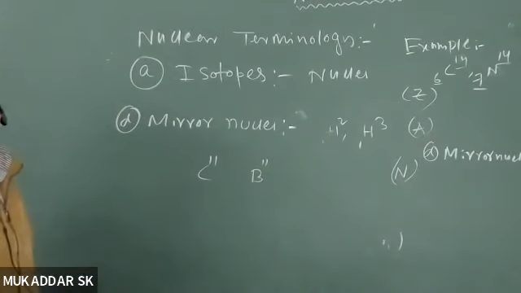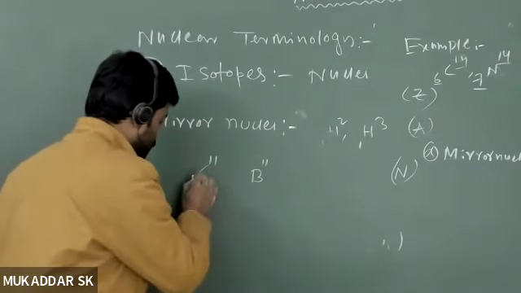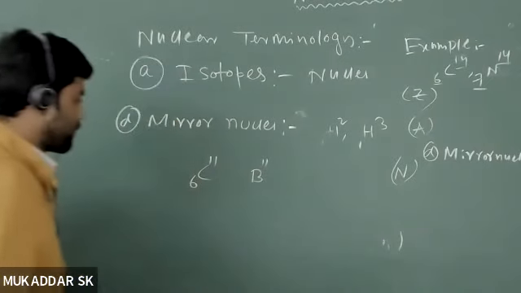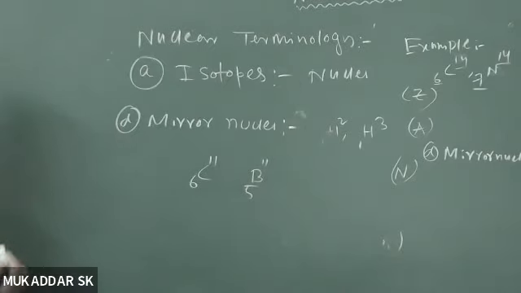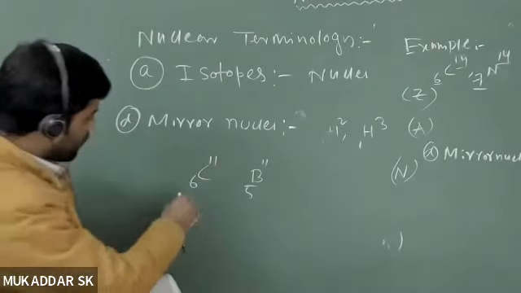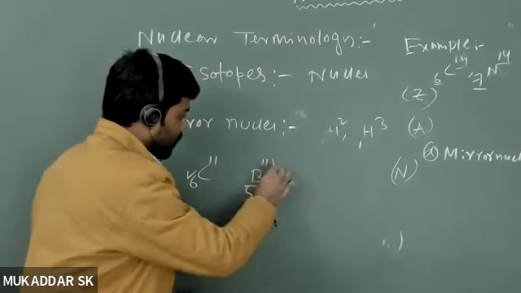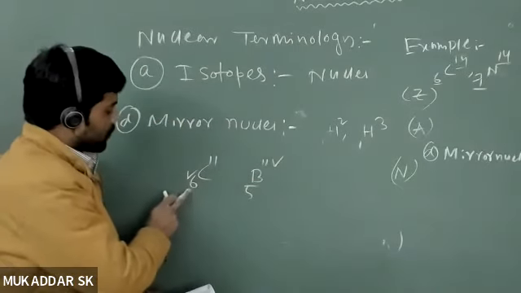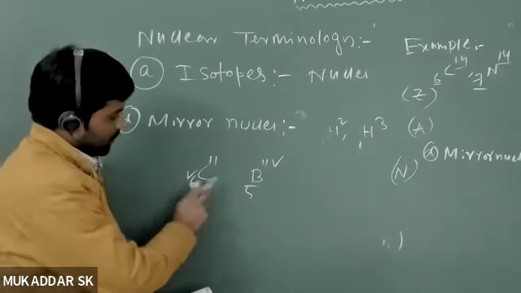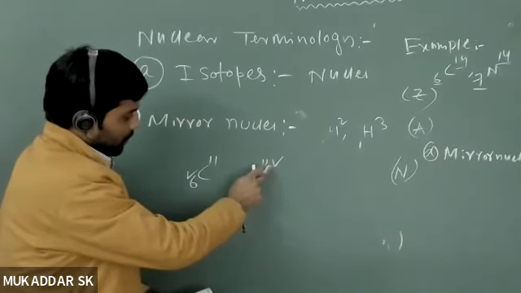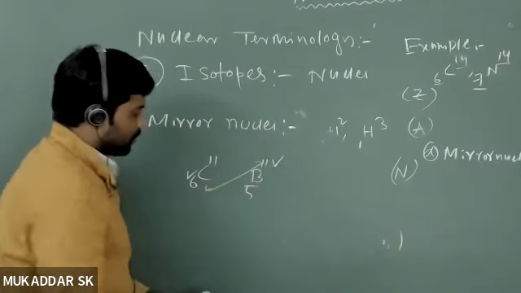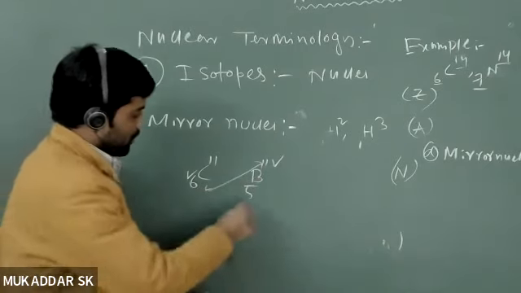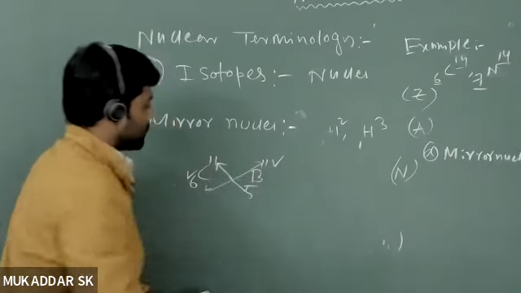Proton number of carbon is 6, and boron is how much? 5. Proton number and neutron number interchanged means the proton number of this will match the neutron number of the other. Proton number of carbon is 6, and its neutron number is 6. So proton number will be matching with neutron number.